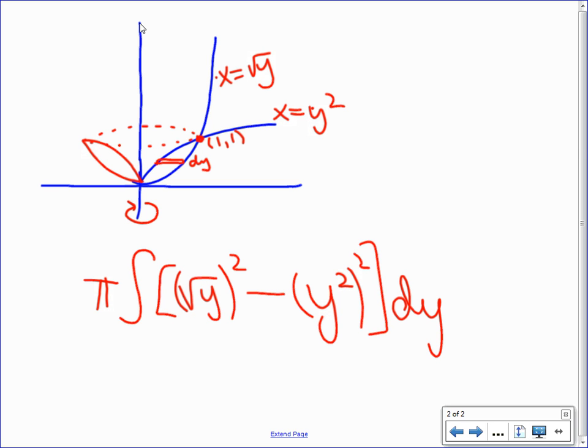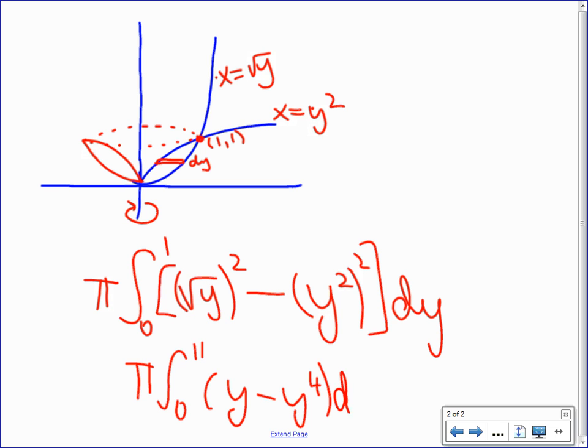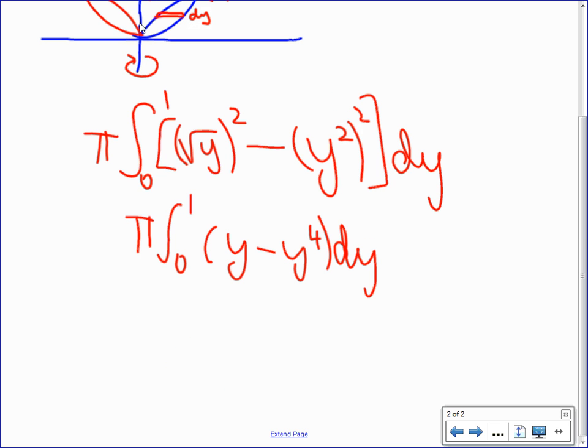So, limits of integration. 0 to 1. So in your calculator, to make things simpler, I would put in y minus y to the 4th. Pi over what?